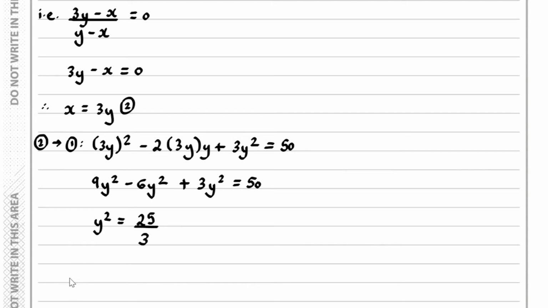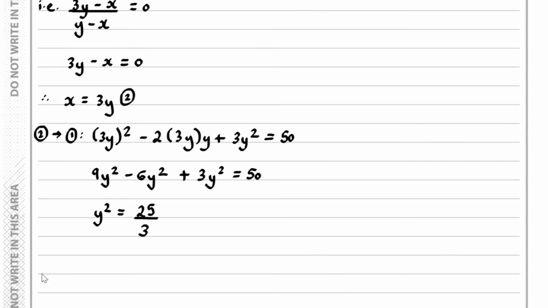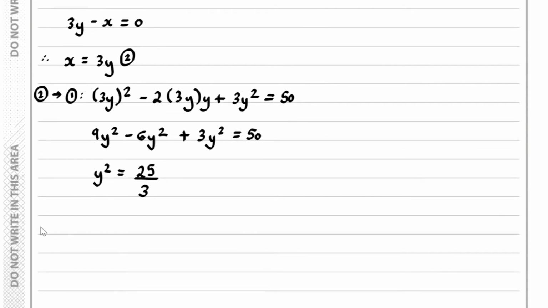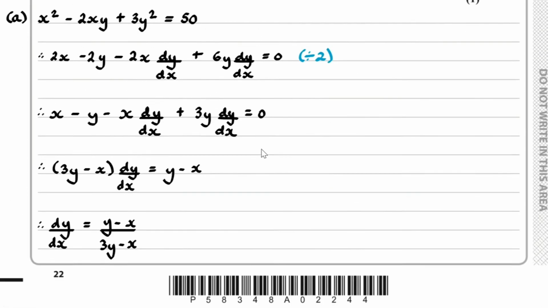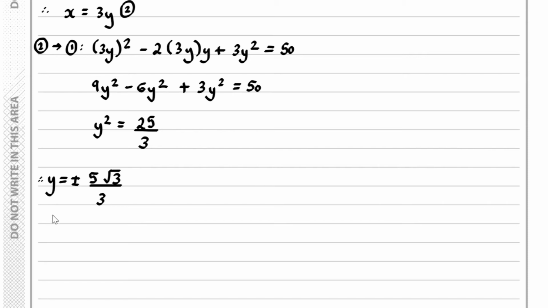And therefore, we can conclude that y is equal to 5 root 3 over 3, and don't forget, because we square root, we need plus minus. So, if we go back to the question, we need to find the exact coordinates of P. So P occurs when y is negative.